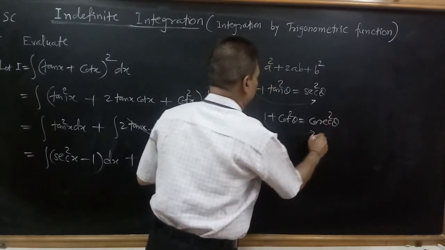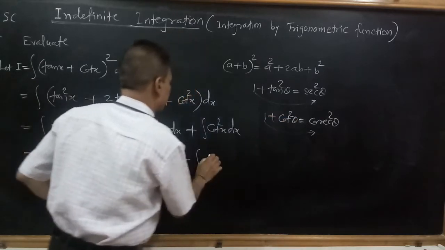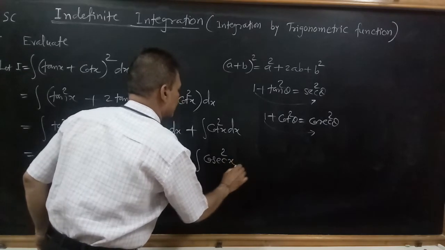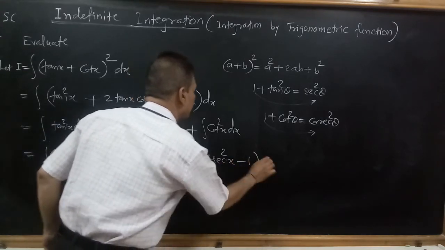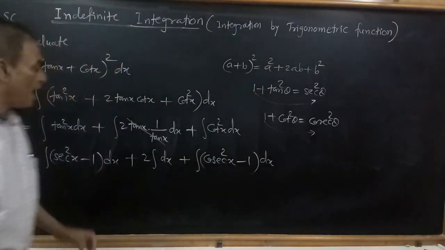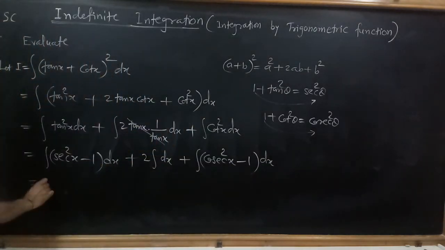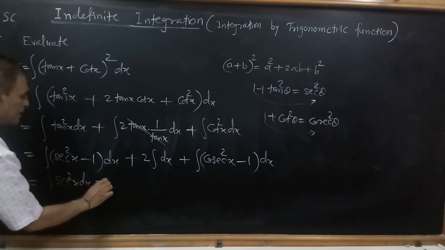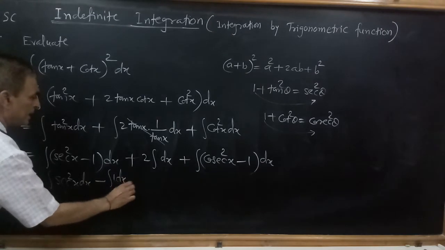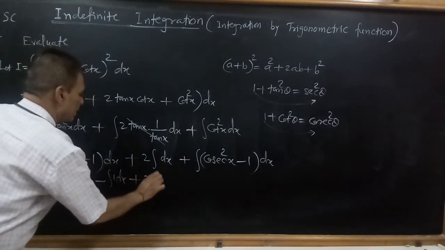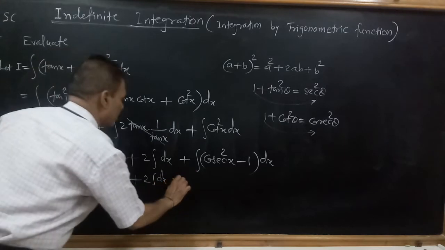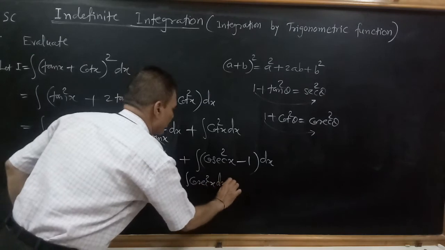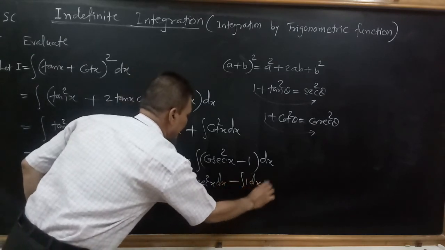Transfer this 1 to that side. Cot square x is cosec square x minus 1, into dx. Again separate. You will get integration of sec square x dx minus integration of 1 dx plus 2 times integration of dx plus integration of cosec square x dx minus integration of 1 dx.